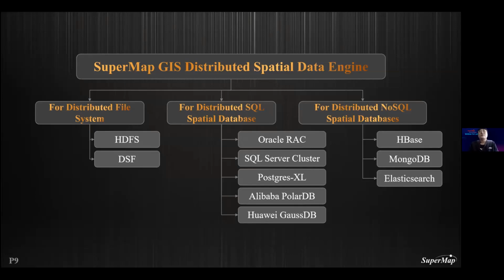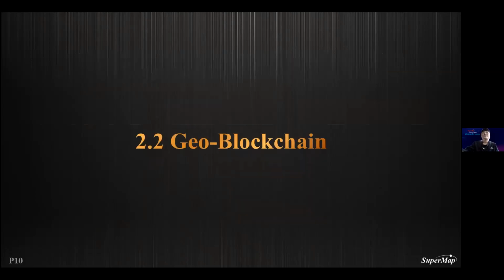And for the NoSQL spatial database, we can support the HBase, MongoDB, and Elasticsearch. So we use all of those spatial data engine to cover all of the spatial data we have, including the vector data, the raster data, the image, the satellite image, even the 3D model data.